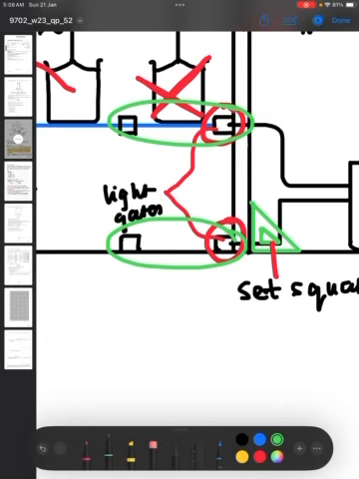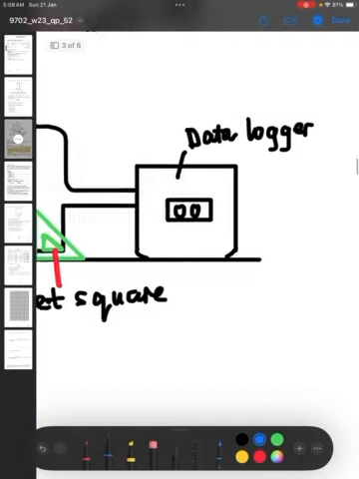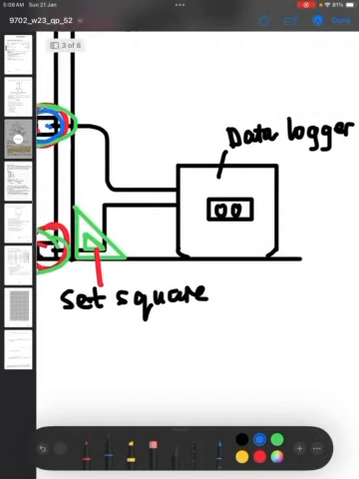When I say one, what I mean is that when this one produces light, this one detects the light, such that when the beaker passes through and breaks that light, the light gate, which detects light, will not detect light, and it will send information to this data logger, and the data logger will start the stopwatch.